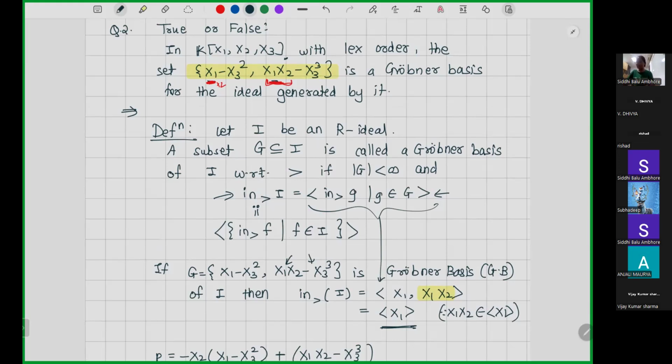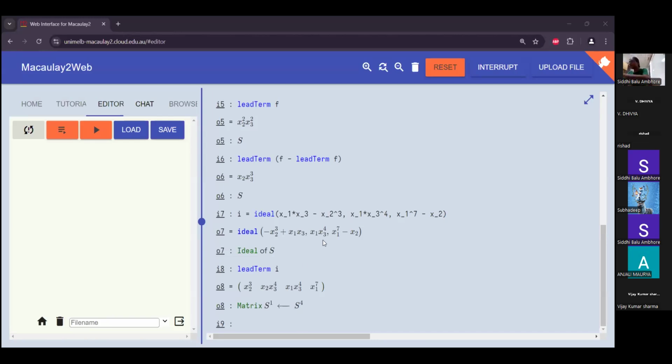but let me show you this, which we have already calculated. Let me share this screen. Can you see this screen, Macaulay2? Here my ideal was generated by only three terms: x1 x3 minus x2 cubed, x1 x3 to the power 4, and x1 to the power 7 x2.